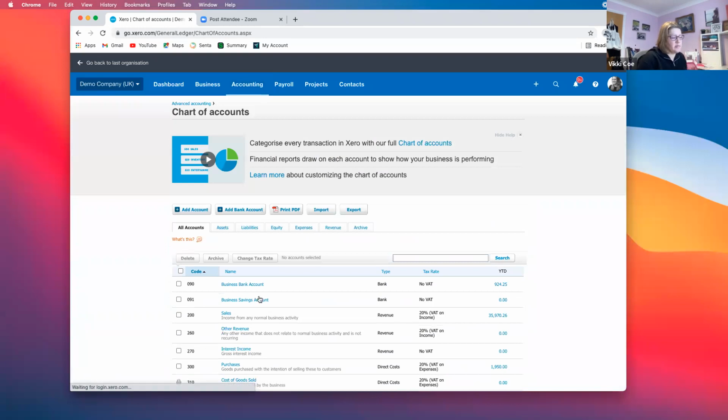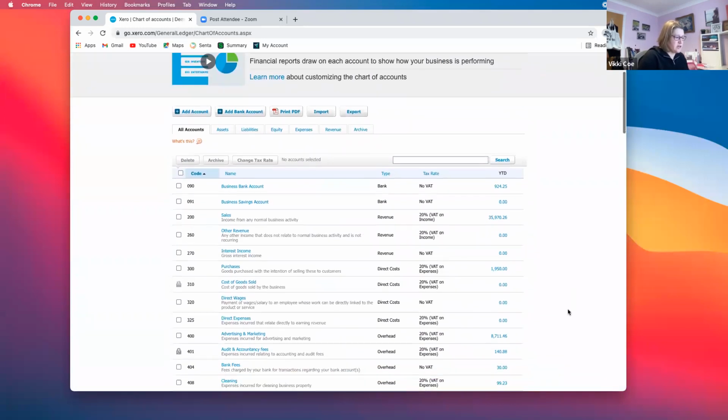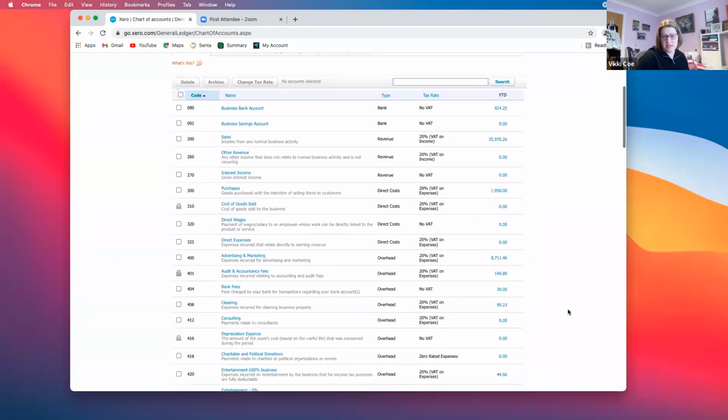I'm within the demo company at the moment, so this may have a few slightly different things, but mostly this is the standard chart of accounts that Xero has. Now we can add, we can change, we can mess around with this to tweak it specifically for your company to help you, but this is the main basic chart of accounts that Xero has.